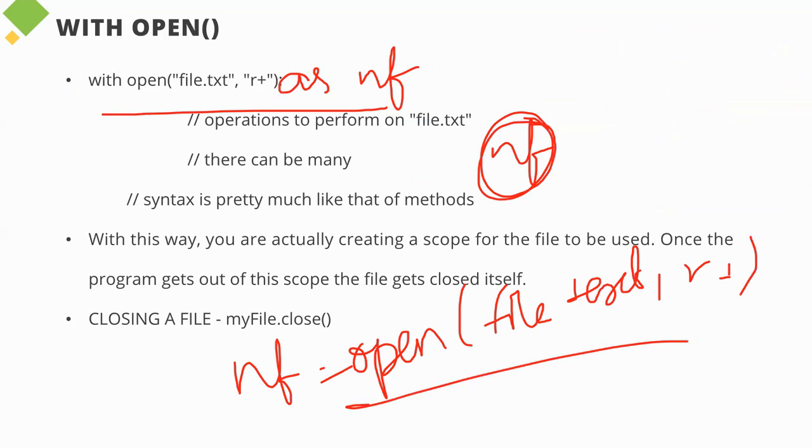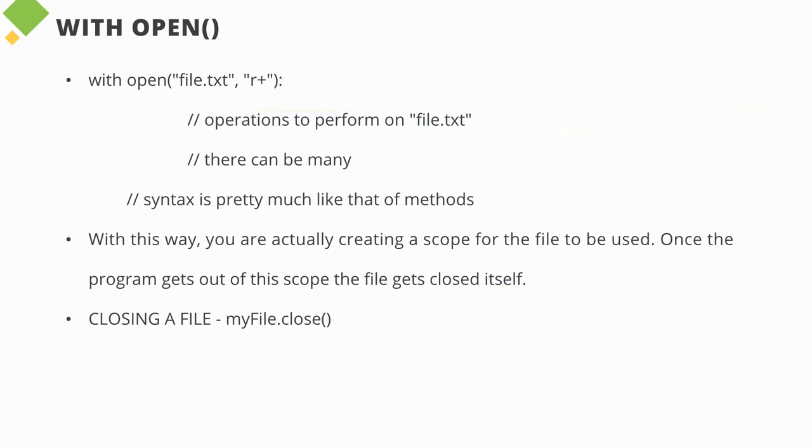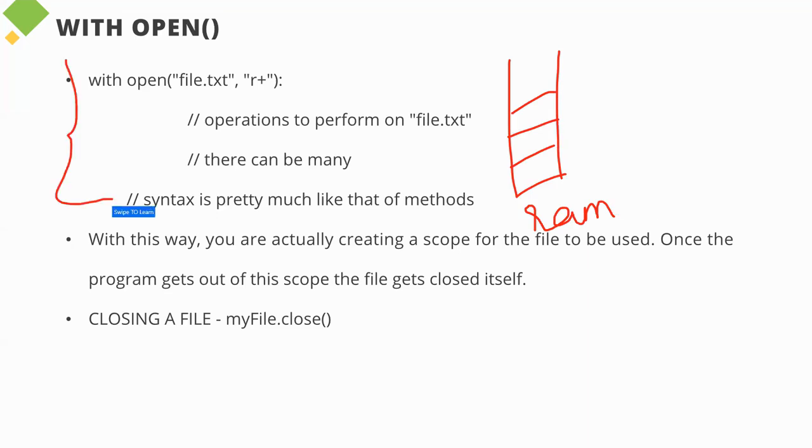Now, once the file is created or opened, it will be in scope. Once we use the file, it is loaded into the RAM with its content, and until the scope ends, this file is accessible, right?